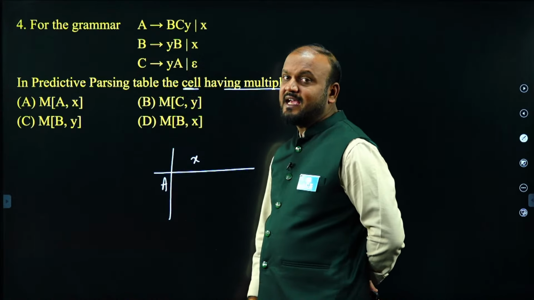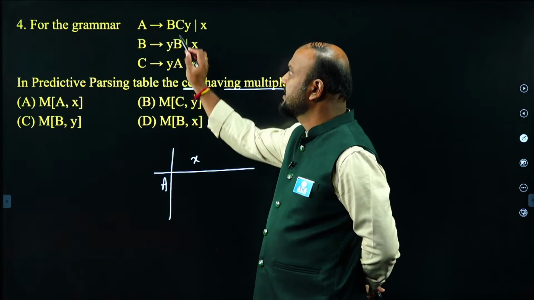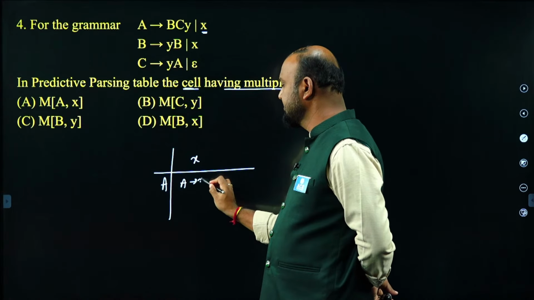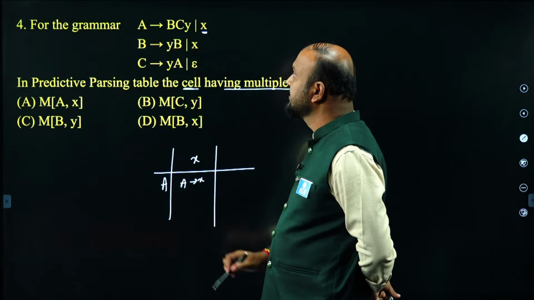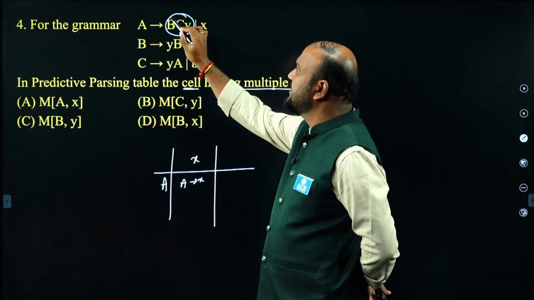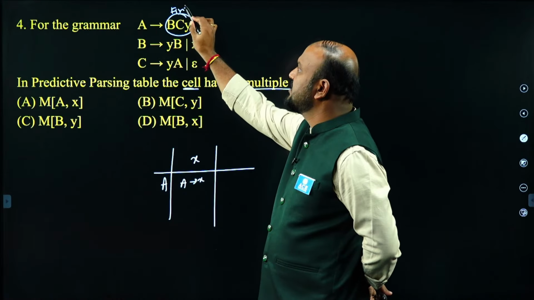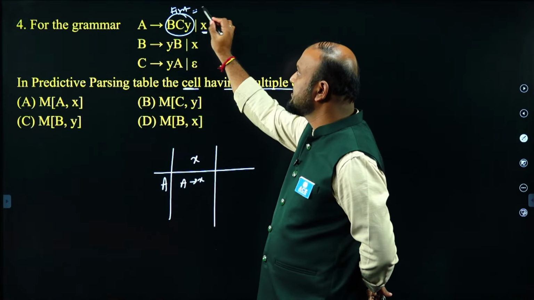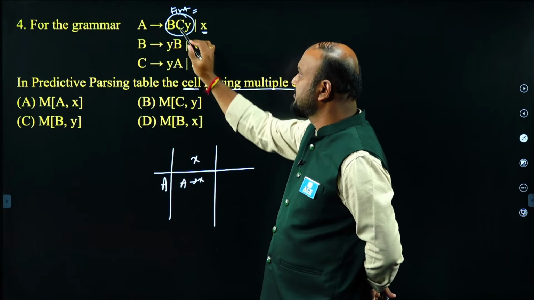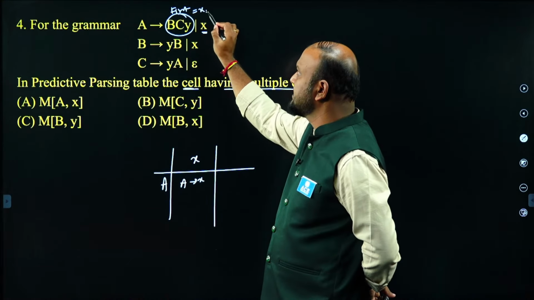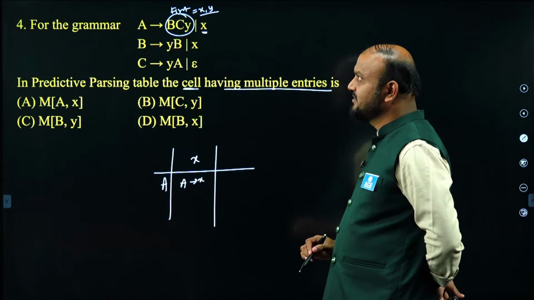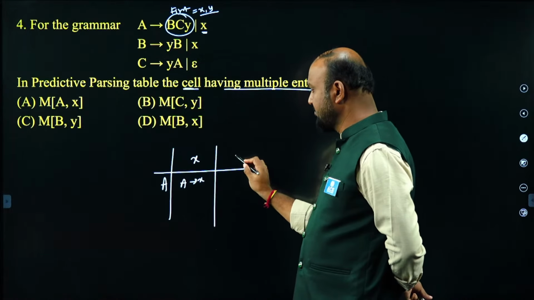A row can have A productions. A tends to X, you write in the A row X column, there is no issue in it. A tends to BCY, you write in the first of BCY. What is the first of BCY? First of BCY is first of B. First of B is both X and Y. So A tends to BCY, you write in the X column and Y column.